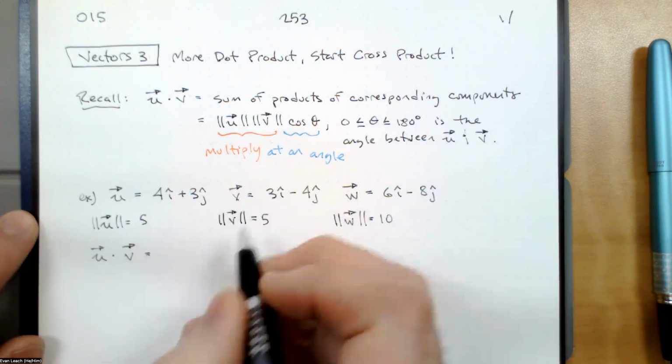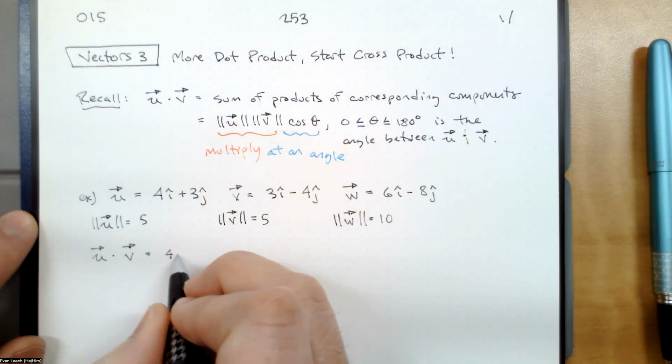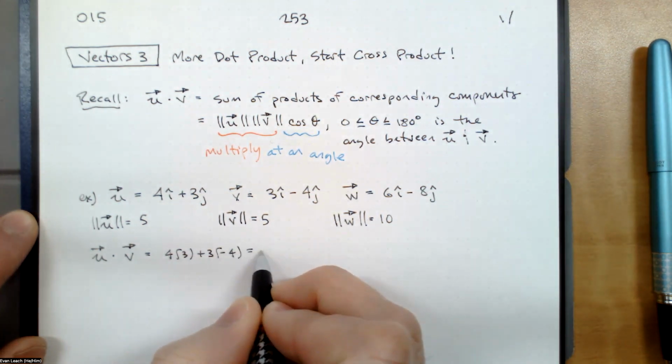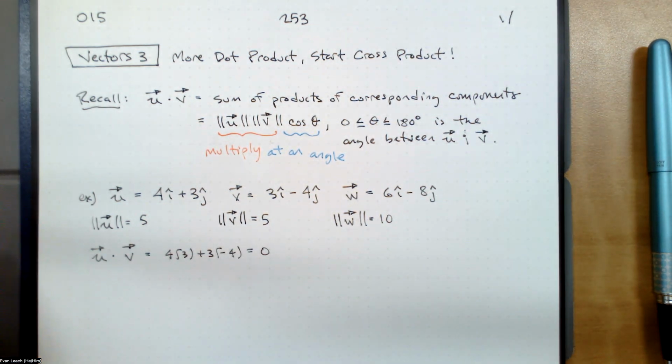So u dot v is 4 times 3 plus 3 times negative 4, and we get 0. And this tells us something about u and v. Some of you thought about this yesterday. So what does this tell us about the vectors u and v? The vectors u and v must be perpendicular. And we can see the perpendicularity in the slopes that I picked here. I picked slopes that were opposites and reciprocals.